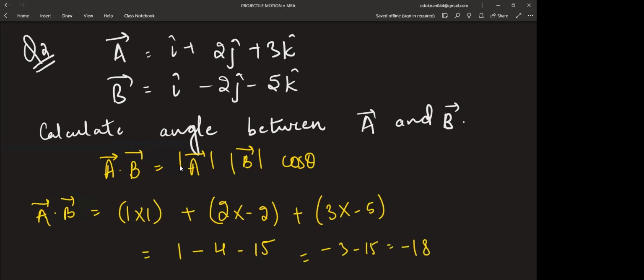Now, secondly, stop writing everyone, you require the magnitude of vector A. How do you calculate the magnitude of vector A?